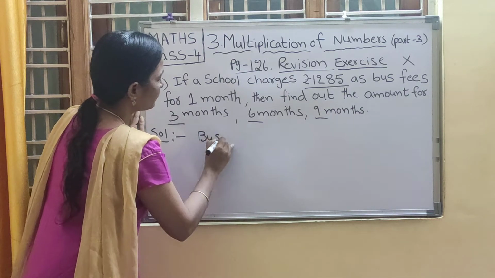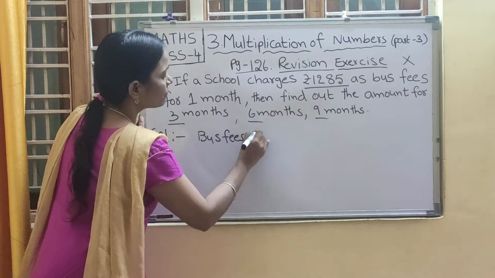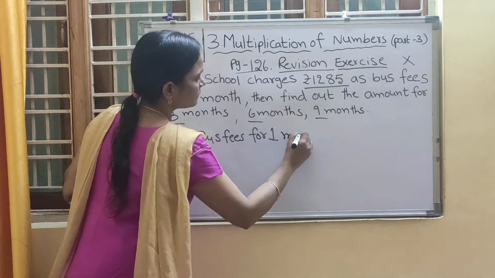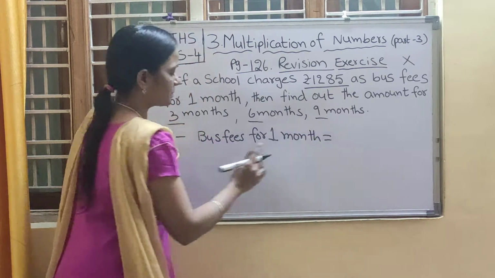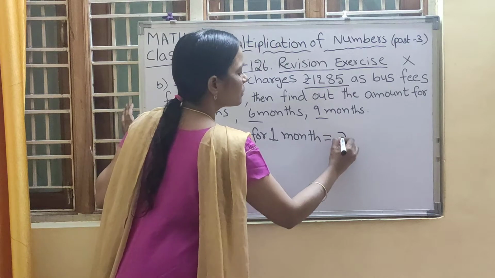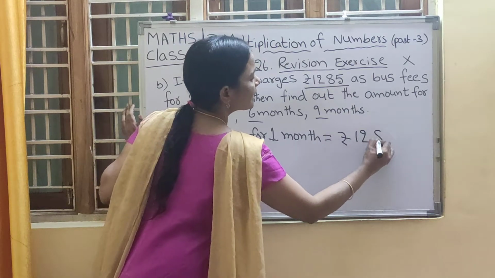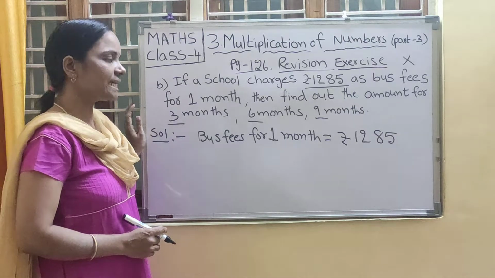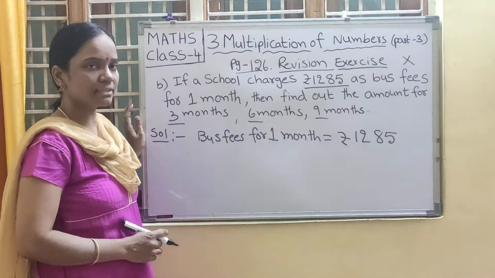This is the first statement. Bus fees for 1 month. How many rupees? Rupees is the symbol. Bus fees for 1 month is 1285 rupees.